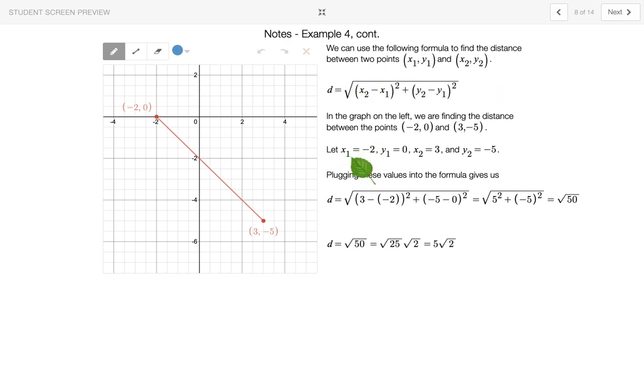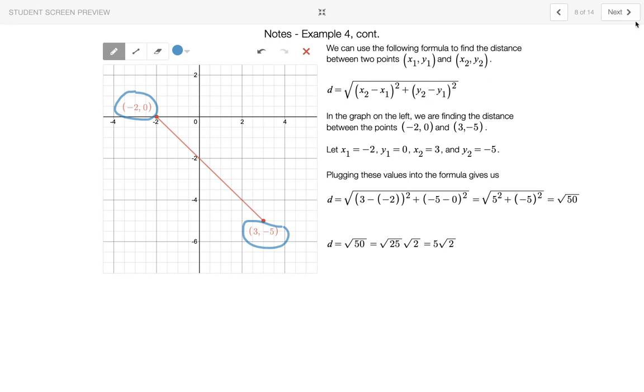So it is possible to do this by assigning x1, y1, x2, y2 to -2, 0, and 3, -5. But we don't have to do this. Often students find when they assign x1, y1, x2, y2 to the coordinates, they can get confused and forget what they're doing as they're performing the calculation.